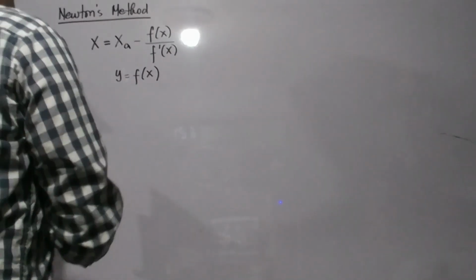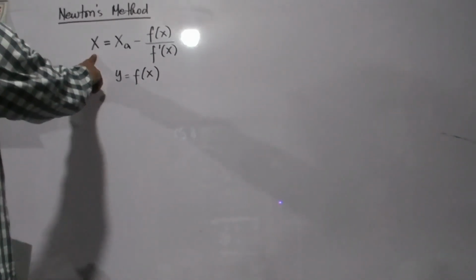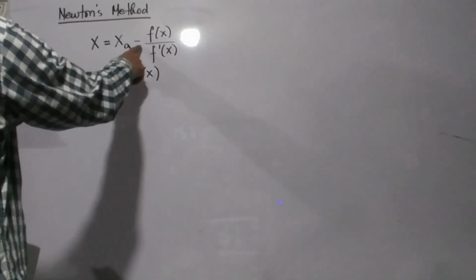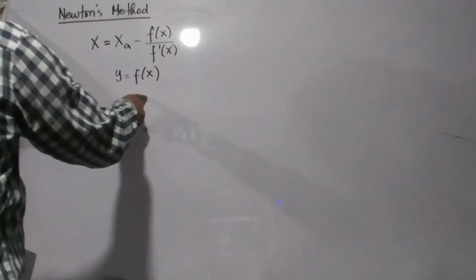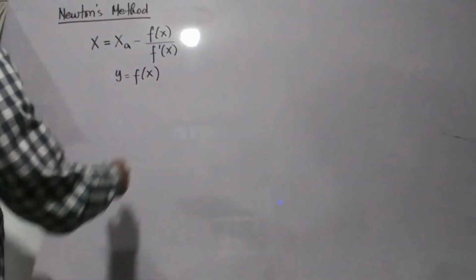So this is the formula for the Newton's method: x equals x sub a minus the function of x over the differential of the function of x, where y is the function of x.